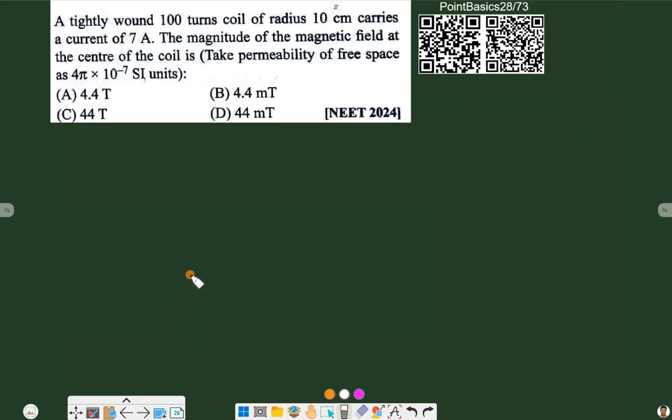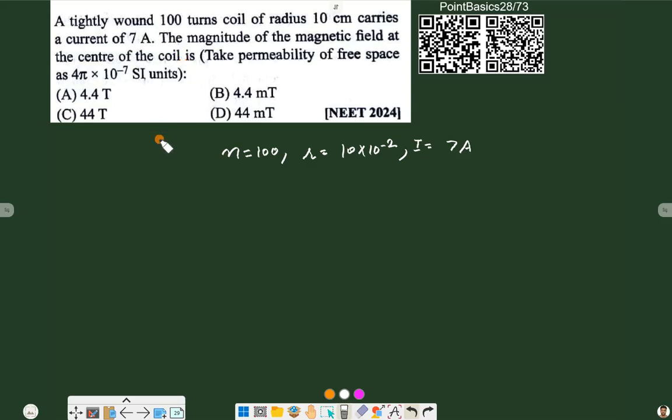A tightly wound 100 turn coil. So N is 100. Radius is 10 centimeters, so 10 into 10 raised to power minus 2. Current is 7 ampere. The magnitude of magnetic field at the center of the coil?